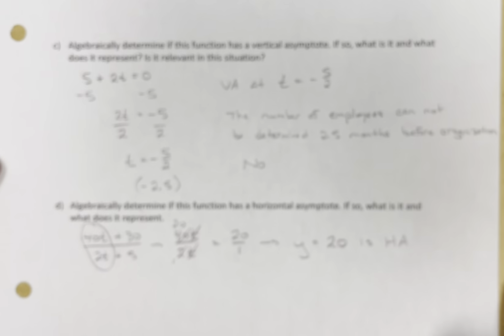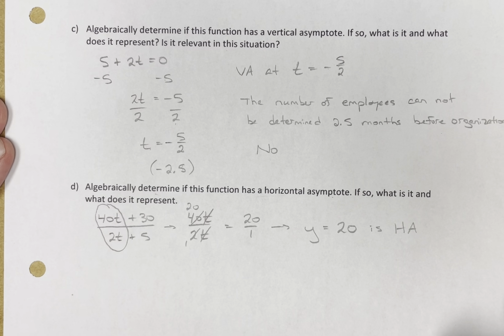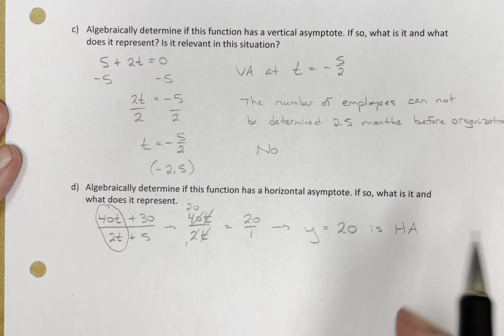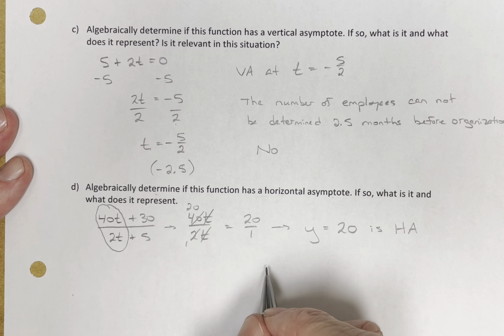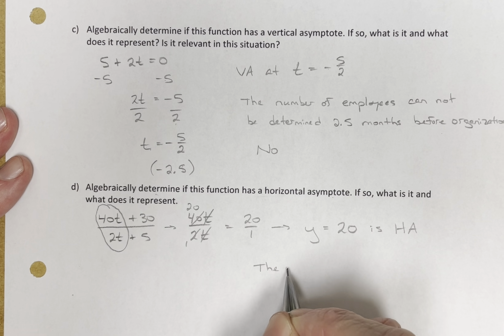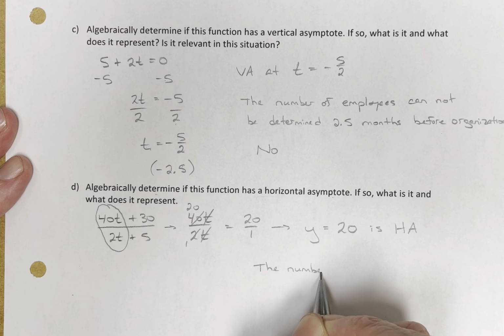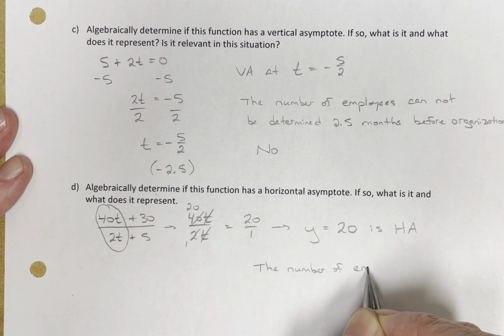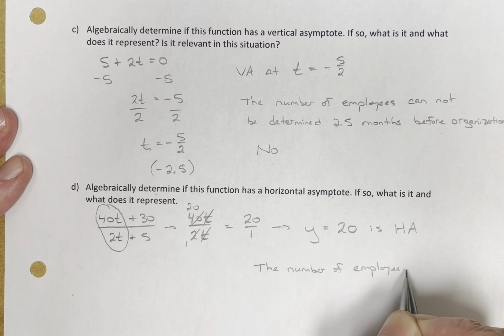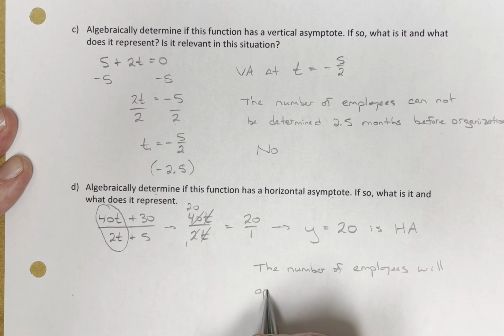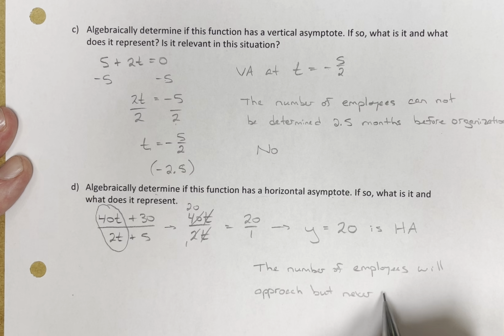So what does it mean? The horizontal asymptote is y equals 20. And what does it represent? It represents that the number of employees will approach but never touch 20.